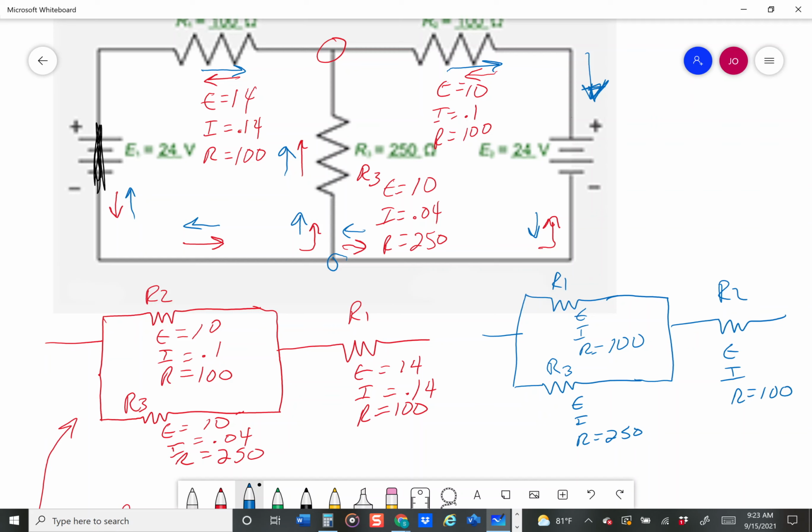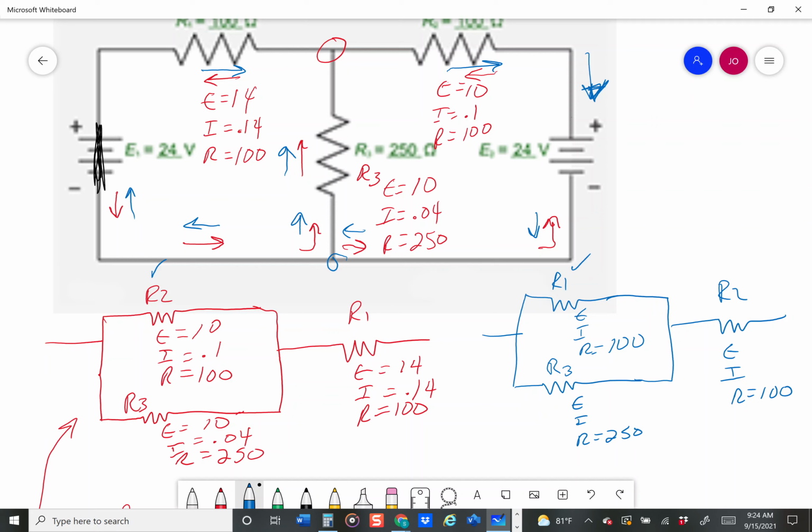Now, if we look at what we did in our first redraw and what we're doing here in our second redraw, those values are all the same, just the resistors are different, right? Where this is resistor 2 here, it's resistor 1 here. Other than that, the values are exactly the same, and my voltage source is the same.